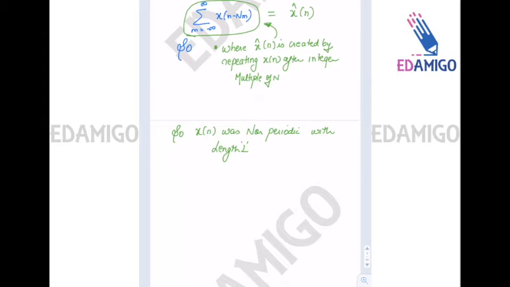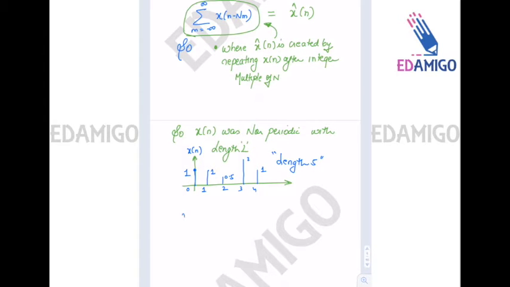So for example, let us take x[n] as a signal which was 1, 1, 0.5, 2, 1. So it's like this: 0, 1, 2, 3, 4, and the rest is 0. So its length is 5, because there are 5 non-zero terms in it.